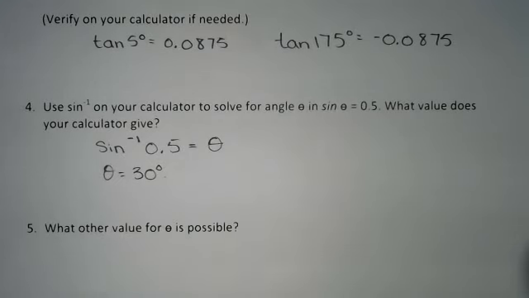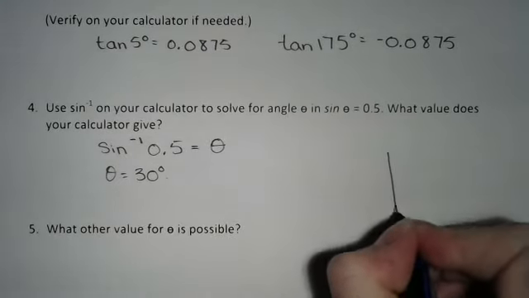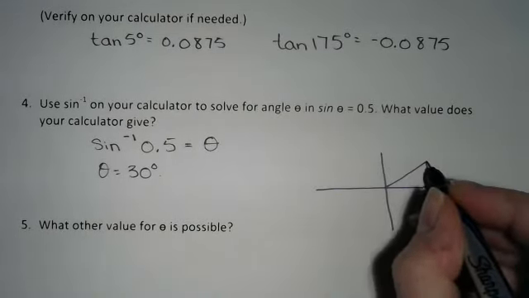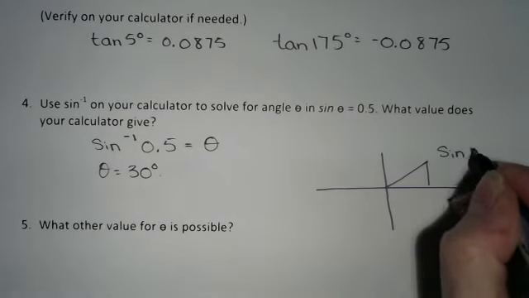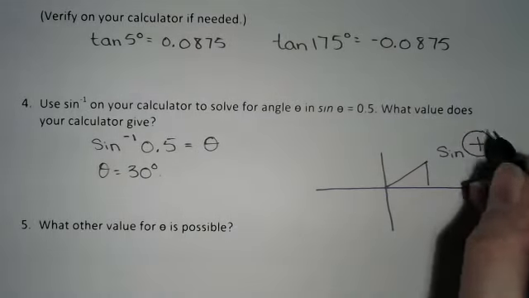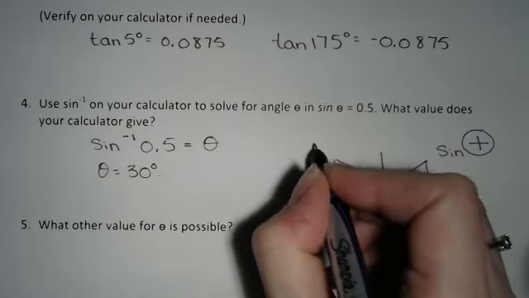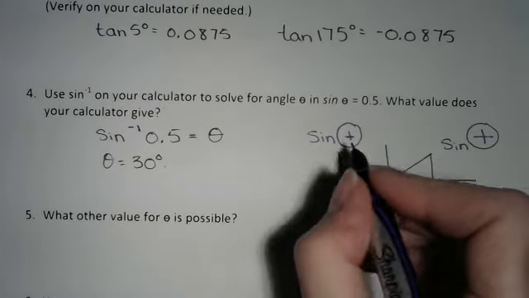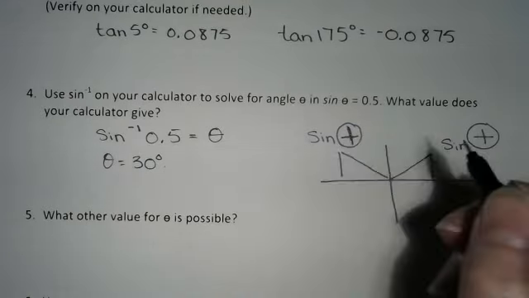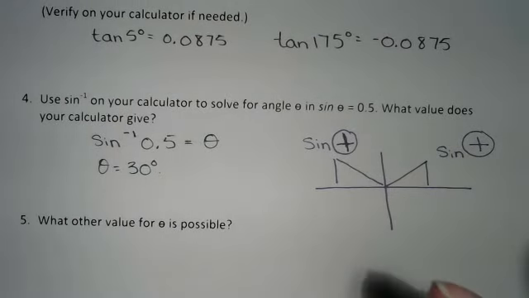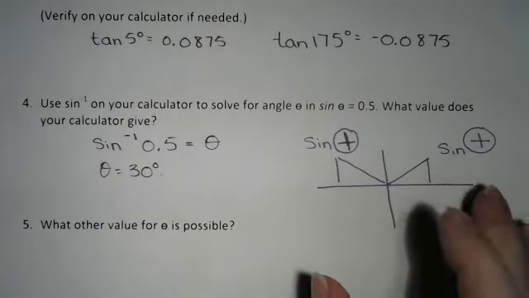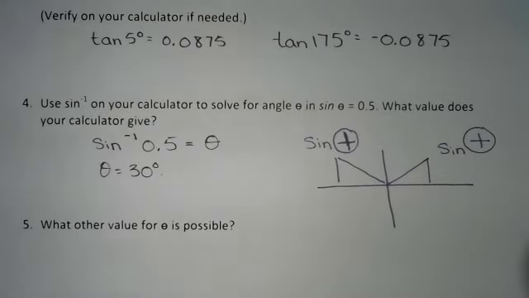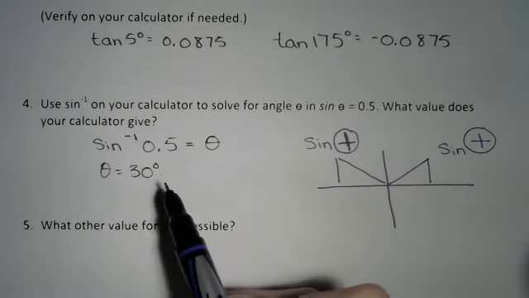We know from before that in this quadrant, sine is positive, and we know that in this quadrant, sine is also positive. So basically your calculator usually always gives you the smallest value possible, even if that means sometimes going backwards. Not that we're worried about that right now, but your calculator gives you the smallest one possible.